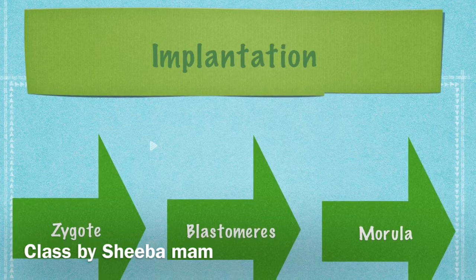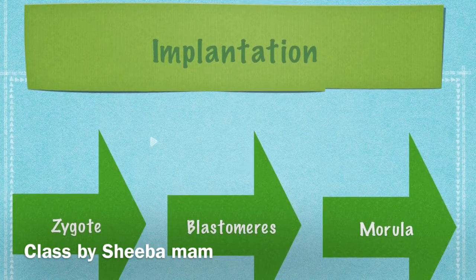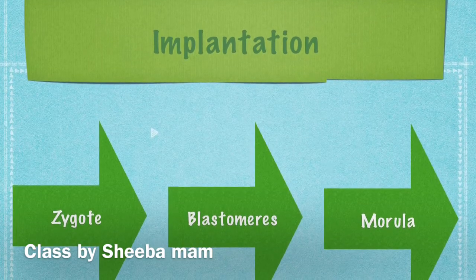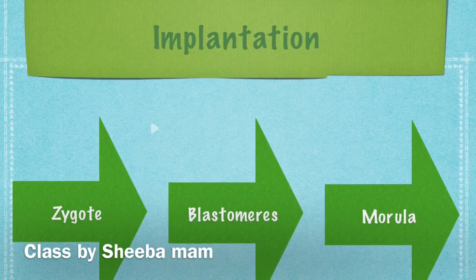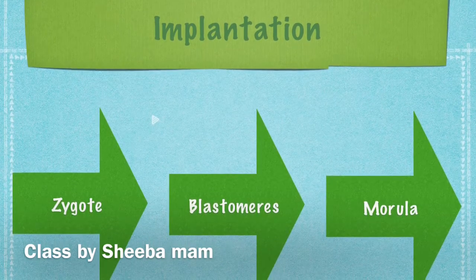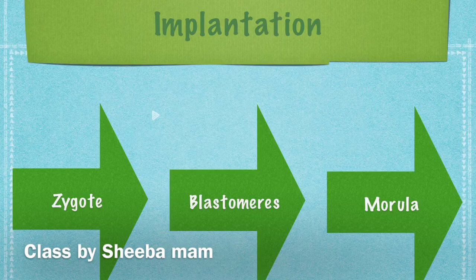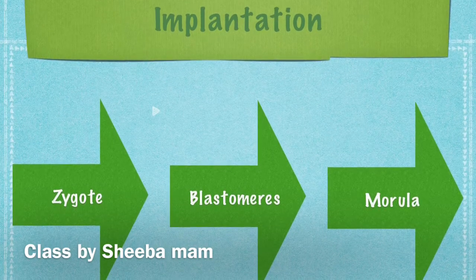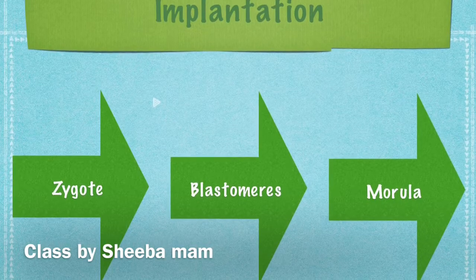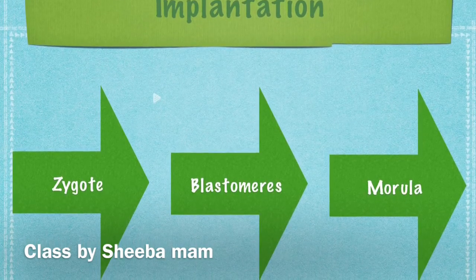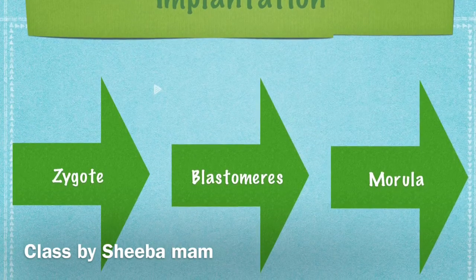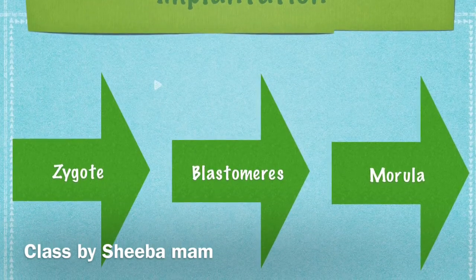Now let us study about the development of zygote into an embryo and its implantation. Zygote divides rapidly by mitotic division as it moves through the isthmus of the oviduct towards the uterus. This is called cleavage. As a result, 2, 4, 8, 16 daughter cells are produced which are termed blastomeres. Embryo with 8 to 16 blastomeres is called a morula.